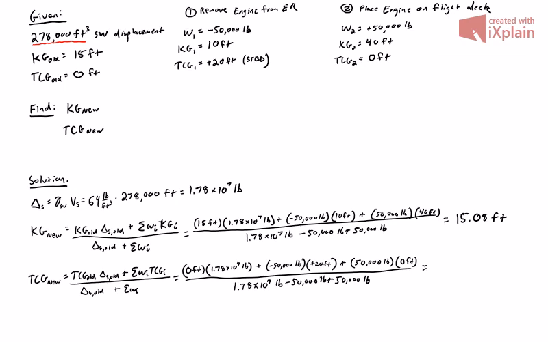Plug it all in and we get a final transverse center of gravity of negative 0.056 feet. And again, transverse center of gravity, negative means port side.